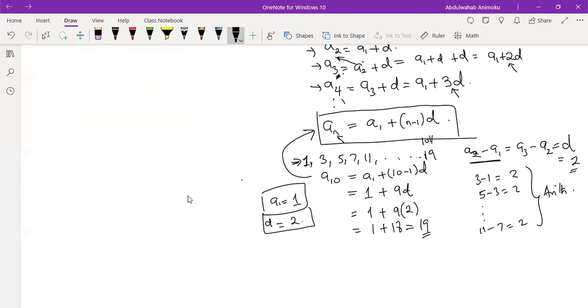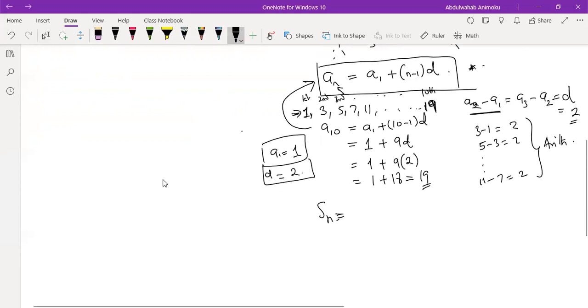So this will be the 10th term. This is the first one, this is the second, this is the third, and when you continue, the 10th one will be 19. Okay, that's what it means. Now, this is one of the first crucial formulas that you need to know. The second one, which we're not going to get into the proof, is called the sum of the first n terms.